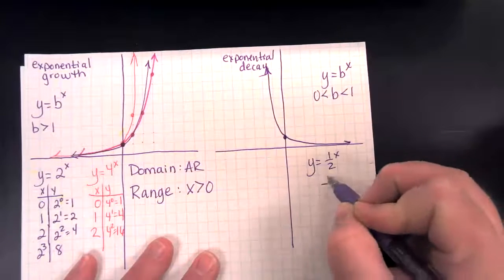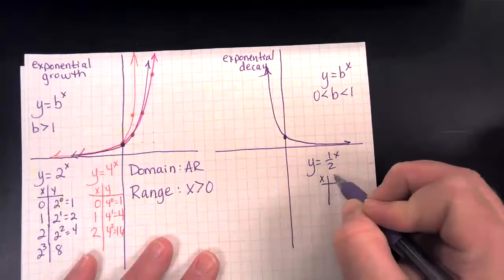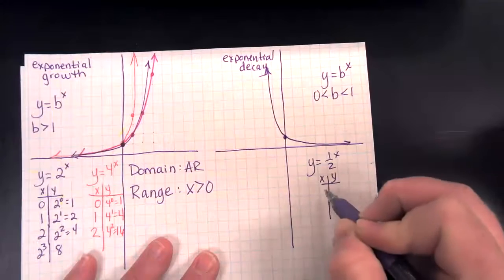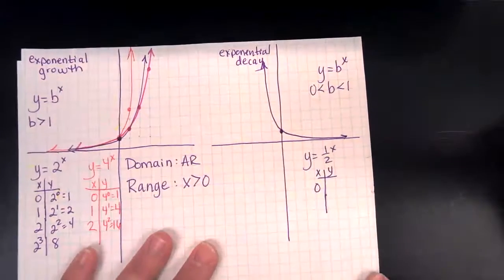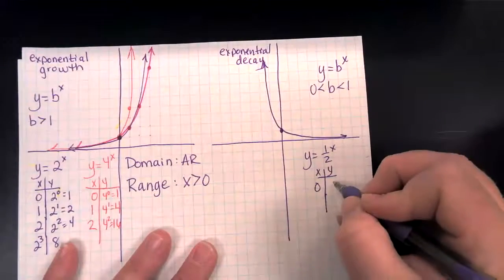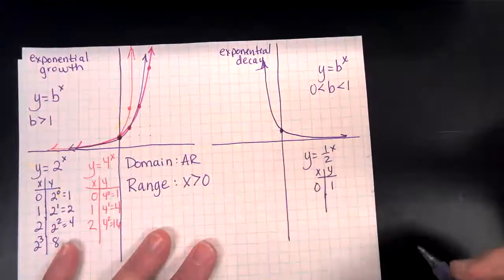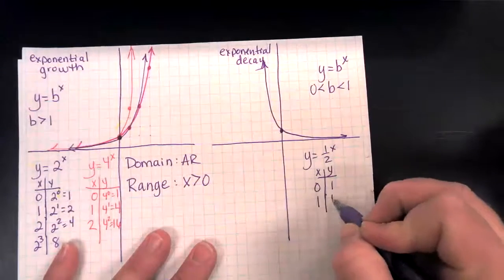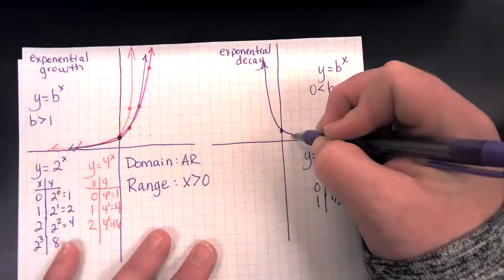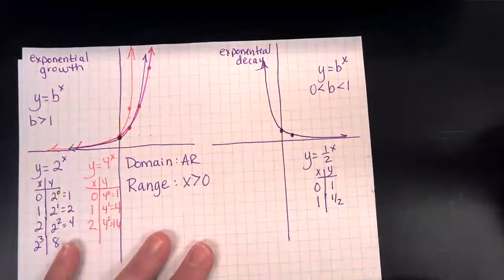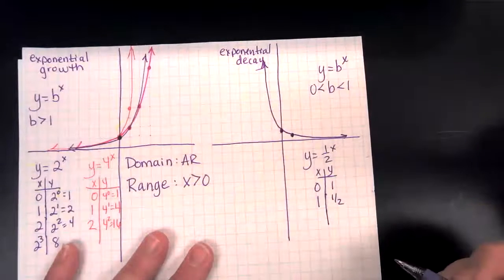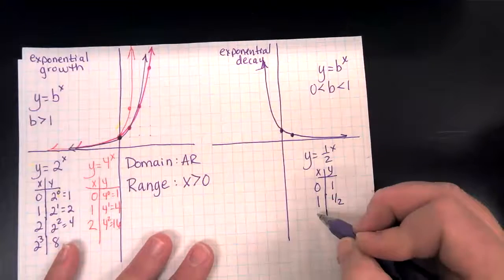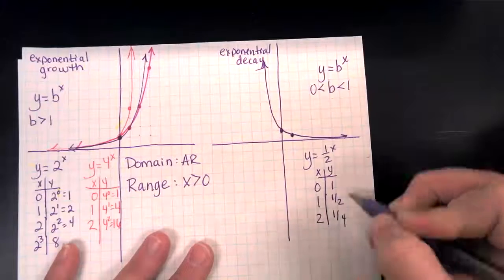All right, so let's try (1/2) to the x. If I plug in a 0, I get 1. That's exactly where I'm at. If I plug in a 1, I get 1/2. There I am right there. If I plug in a 2, I get 1/4.